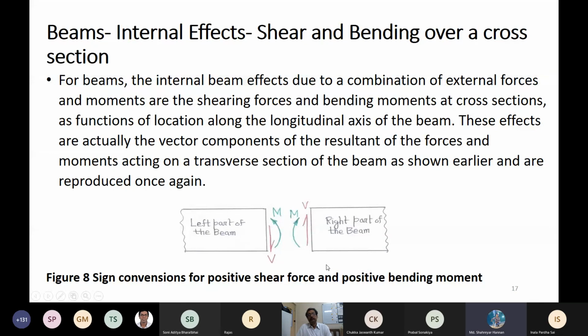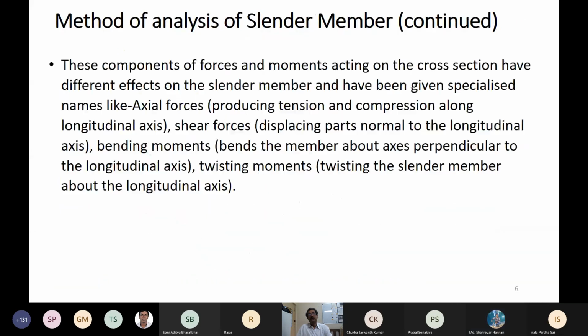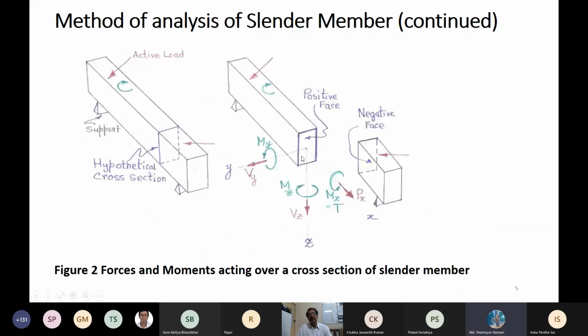Sir, these parts are positive face and negative face. Yes. If you agree, this is a positive face. Positive face means I am an observer, I am seeing as if the positive axis is emerging from that end. So now onwards, I will say this is a positive face and this is a positive axis.